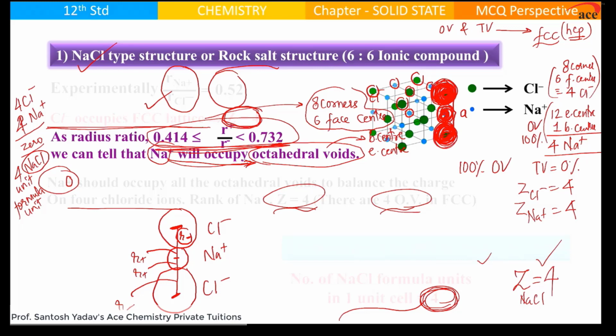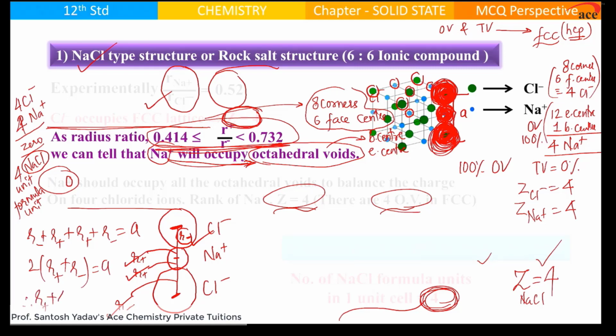This is Cl minus, which are bigger spheres, and smaller sphere is Na plus, and they actually make up edge length A. That means R minus plus R plus plus R plus plus R minus plus R plus plus R plus plus R minus will be equal to A. That means 2 into (R plus plus R minus) is equal to A. Therefore, R plus plus R minus is A by 2. That is the calculation that we understand for NaCl, which is a rock salt structure.